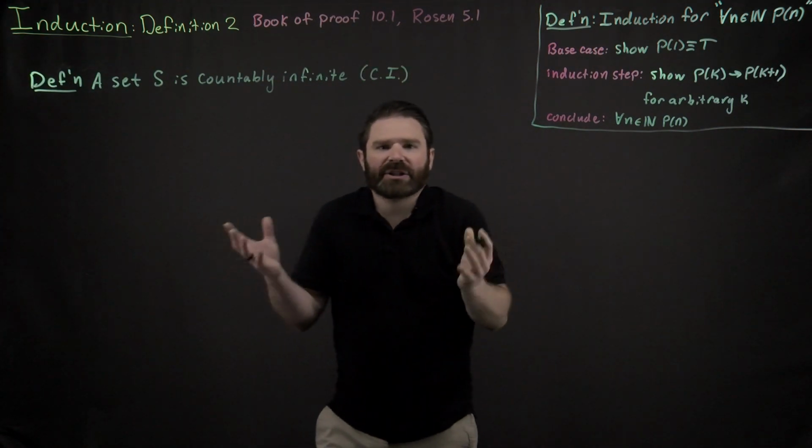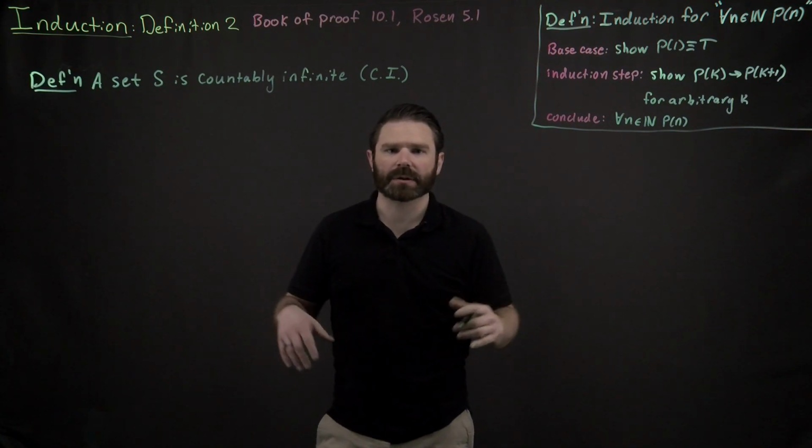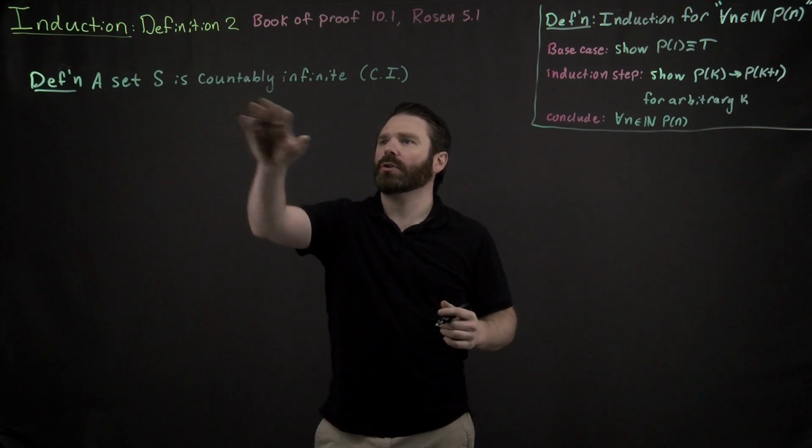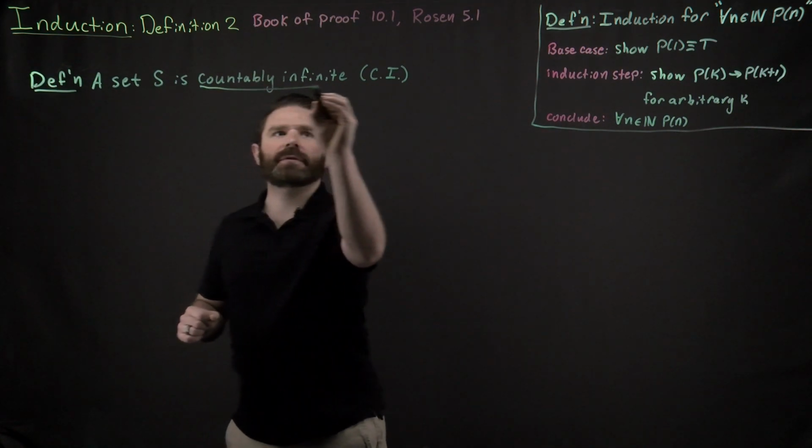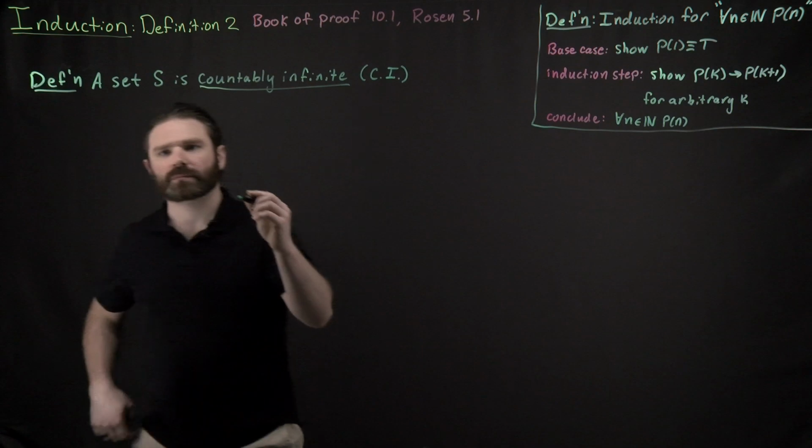So a set, a collection of objects, a collection of numbers, a collection of anything, is called countably infinite, which I will be abbreviating CI, if the following is true.